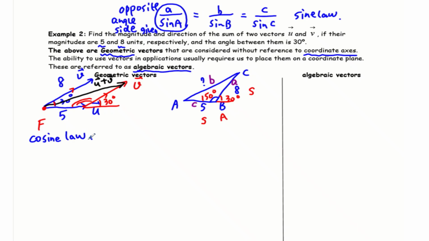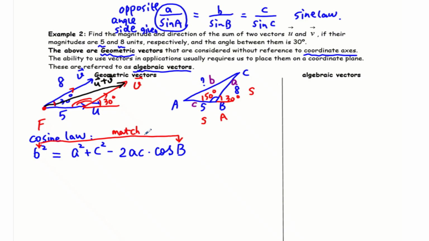So now we are going to use the cosine law. We want to find b. Then we have three forms of the cosine law. In order to find b, b needs to be by itself. So we use b squared equals the other two sides squared, a squared plus c squared, minus double of the other two sides times cosine of the angle. And the first and the last need to match: angle B, side b, they need to be the same.